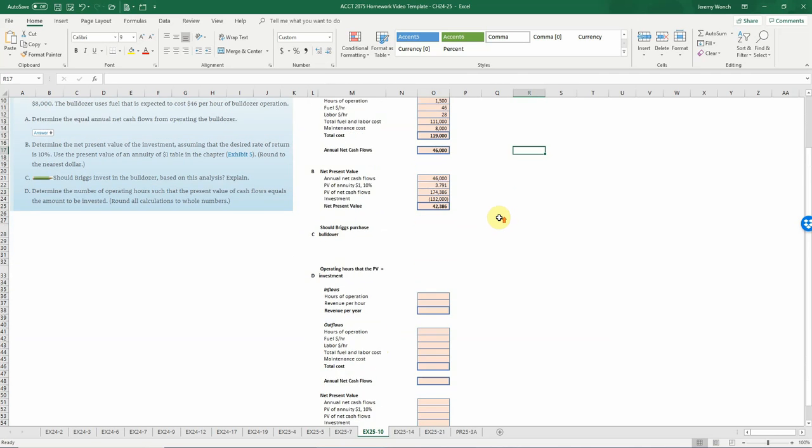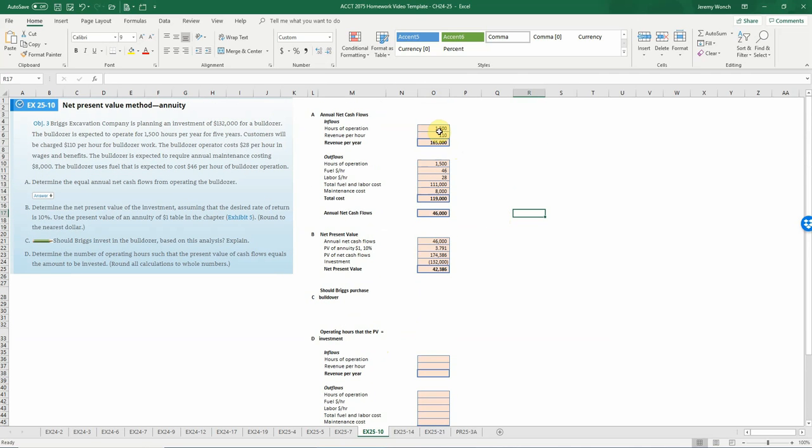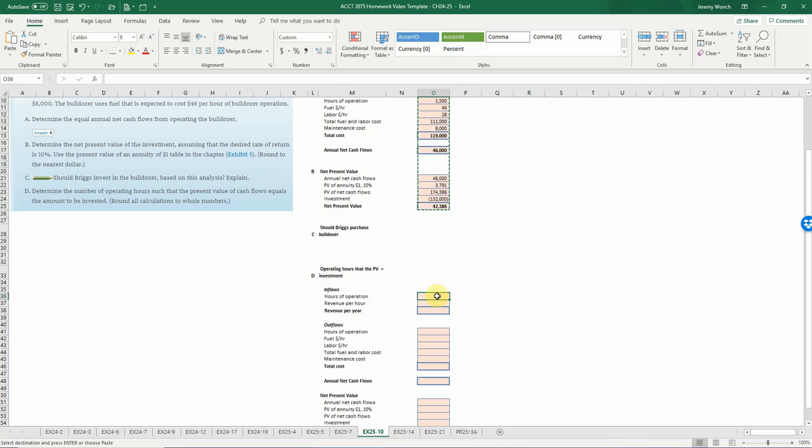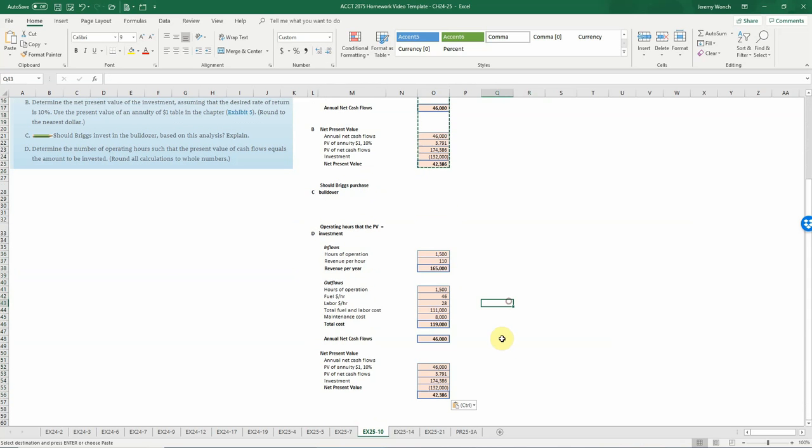To do this, the easiest way is to go up here to what we did in parts A and B and just copy it and paste it down. That's going to paste down all our formulas. So if we change our number here, it changes our net present value function.